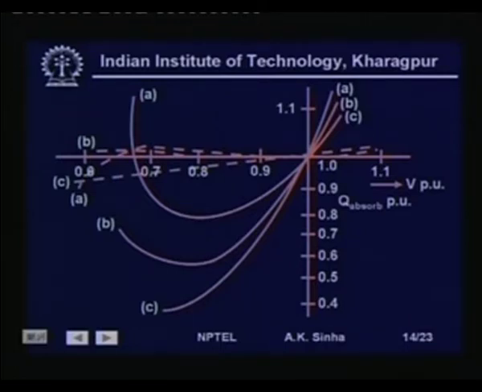Now, this is mostly telling us about the steady state operation of the machine, that is, if we keep the voltage at 0.9 per unit, then this is what is going to happen, that is, the real power will be this much, the reactive power drawn by the machine will be this much, and so on.